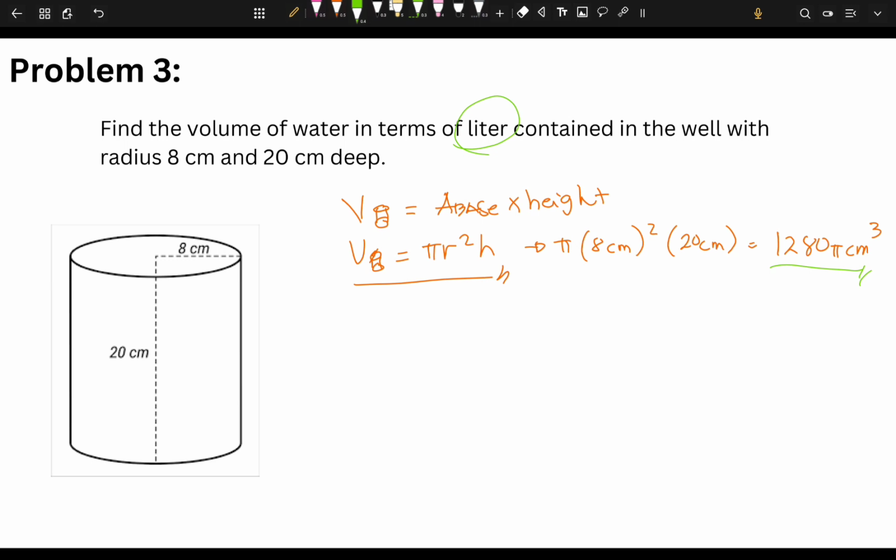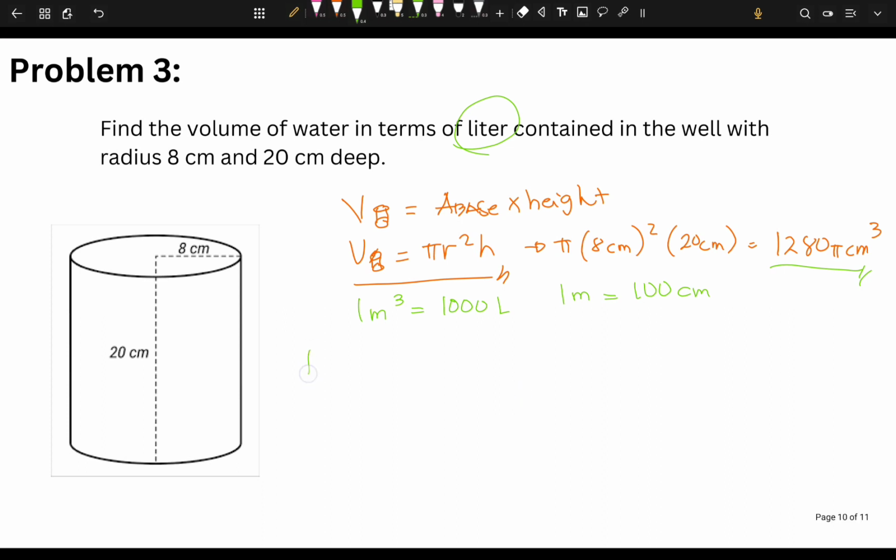And we know, if you recall from physics, that 1 cubic meter is equal to 1,000 liters. And we know that 1 meter is also equal to 100 centimeters. So, let's try to convert. It's just a conversion.